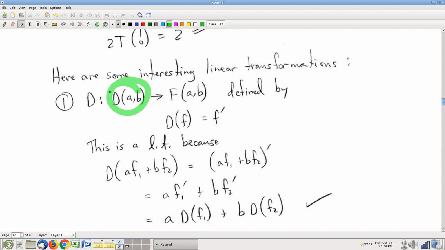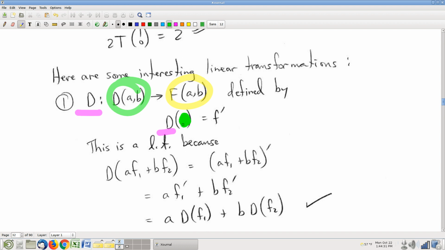The domain is, you may remember, this vector space. This is a subspace of capital F. This is the collection of all differentiable functions on the interval from A to B. That's my domain. My target is the collection of all real-valued functions. And this linear transformation from that domain vector space to this target vector space, this thing called D, operates as follows.